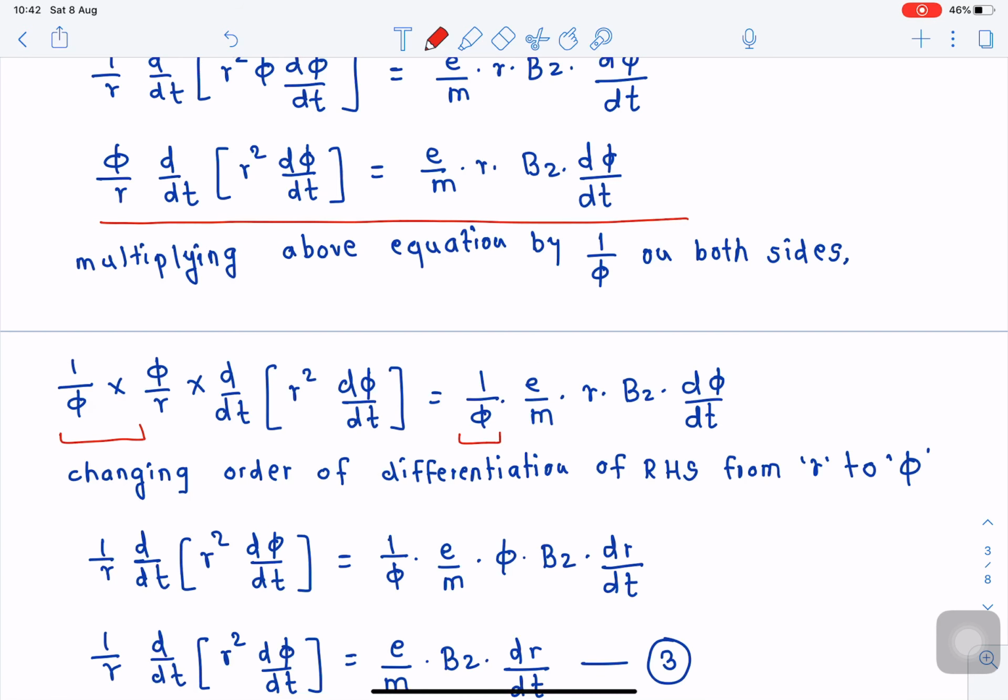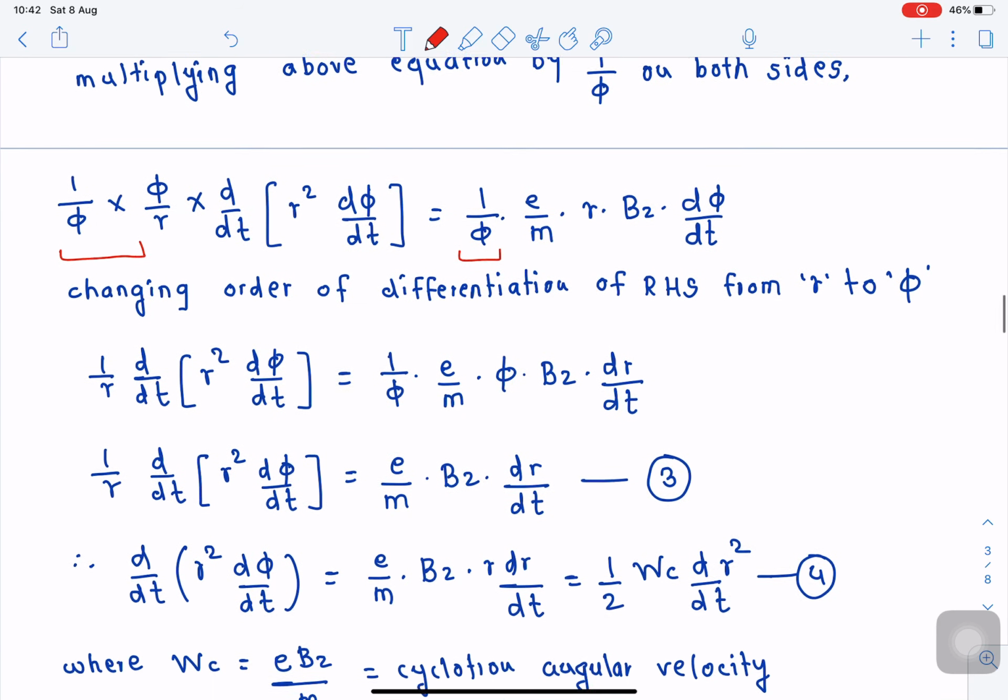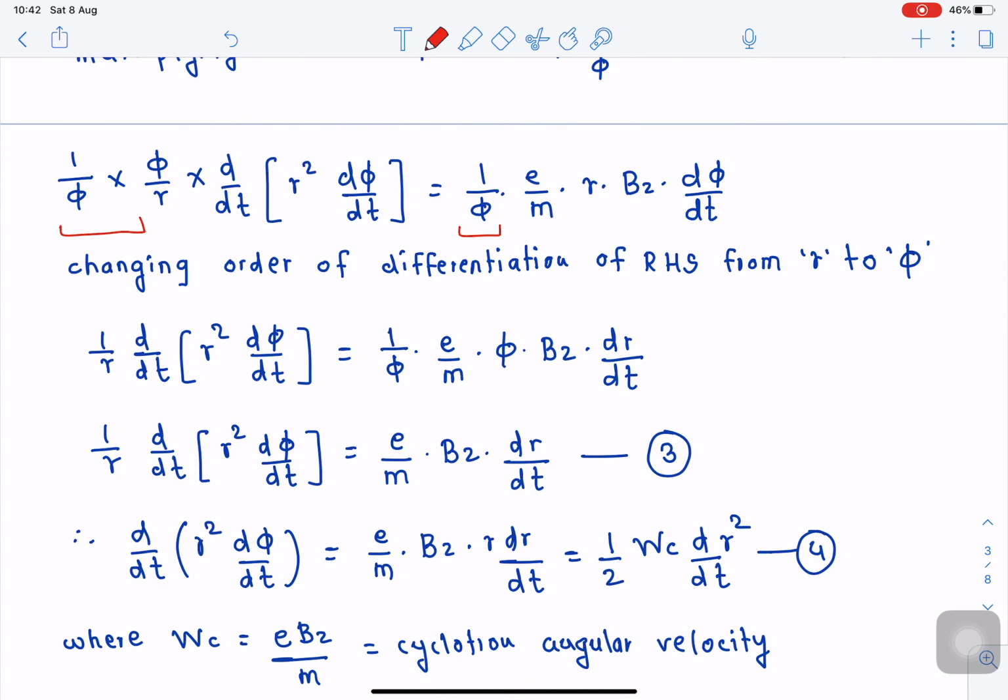Then we change the order of the differentiation on the right hand side. On the right hand side we have differentiation with respect to t. So here we are changing the order of differentiation on the right hand side from r to phi. This phi we take out, and in the place of phi we place r, in this way.